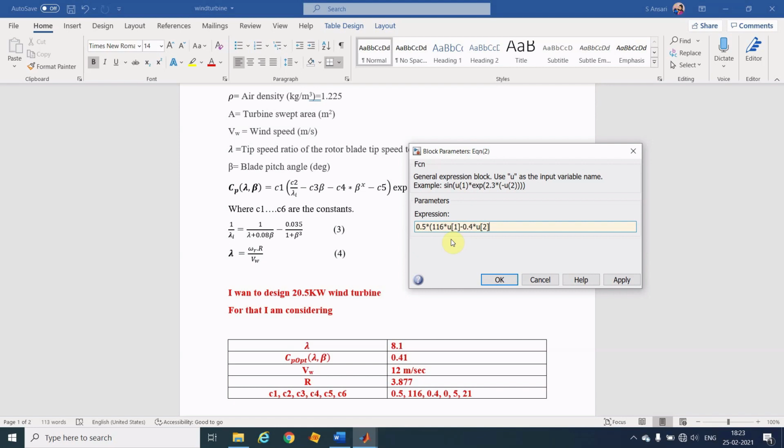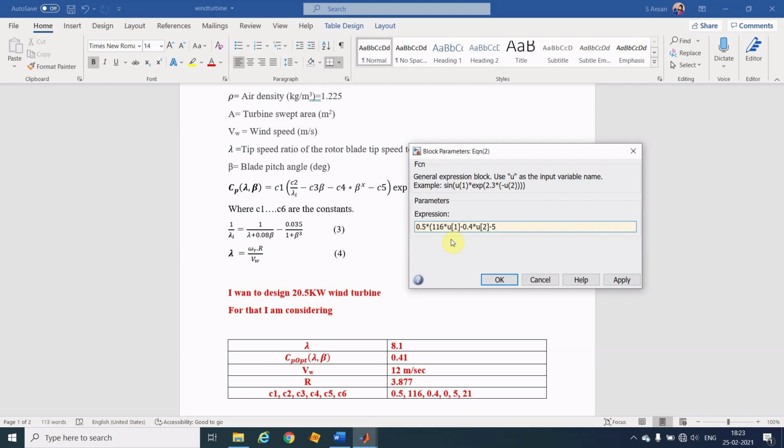Then minus c4. c4 is 0 here. So c4 star beta to the power x, this term will become 0. So no need to consider. Okay, so directly I will go for c5, and c5 is 5.